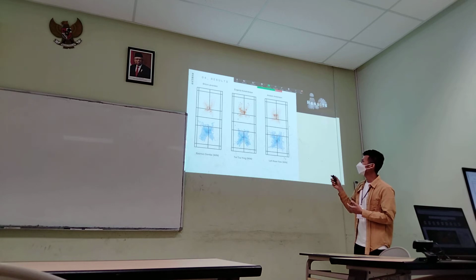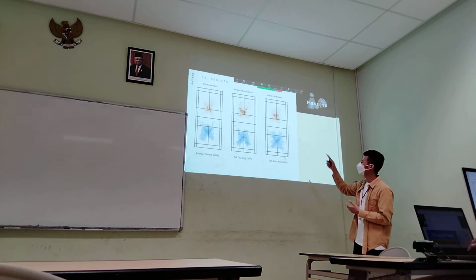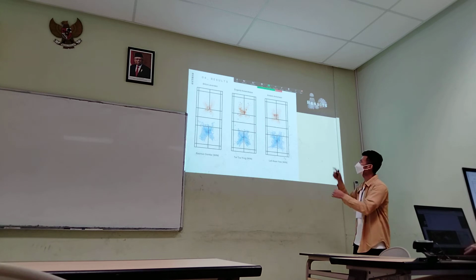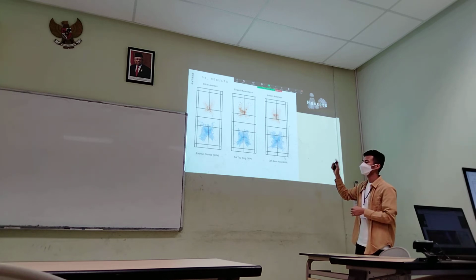And we can see the player who always points not in the center, like Anders and Thompson, they hit the position spreading, not in the center, and the result is a loss.